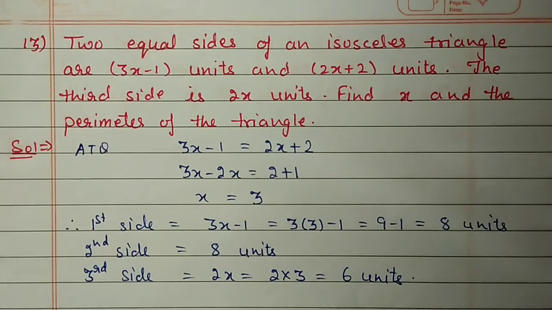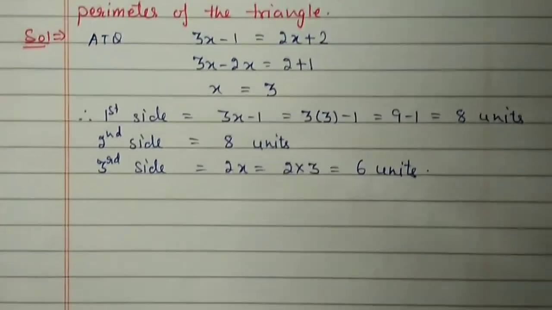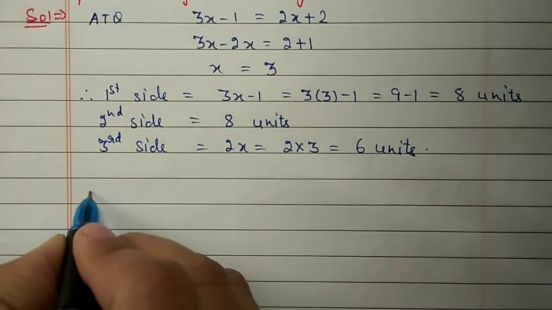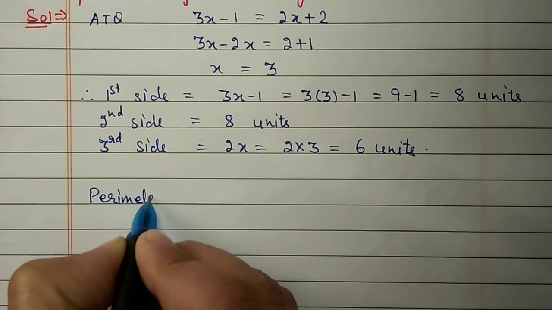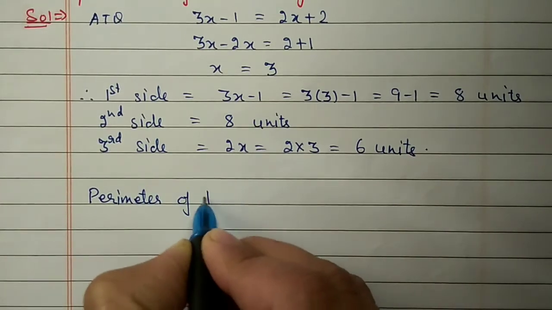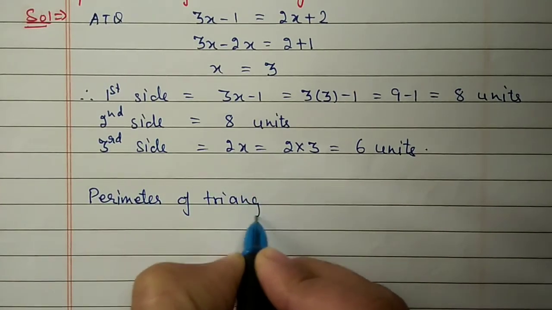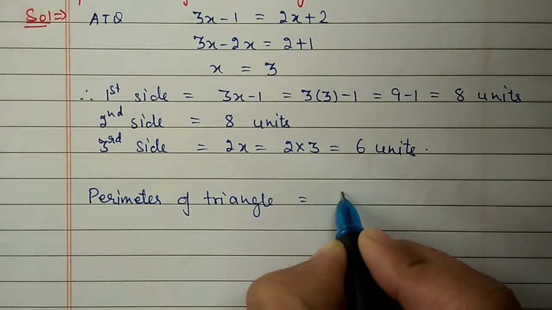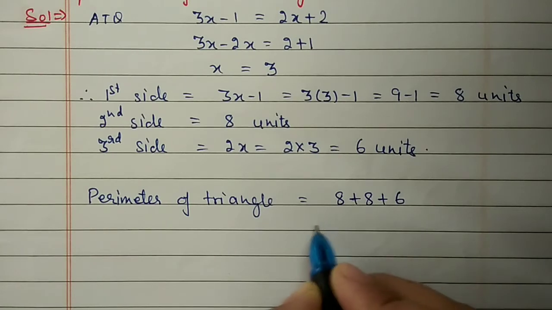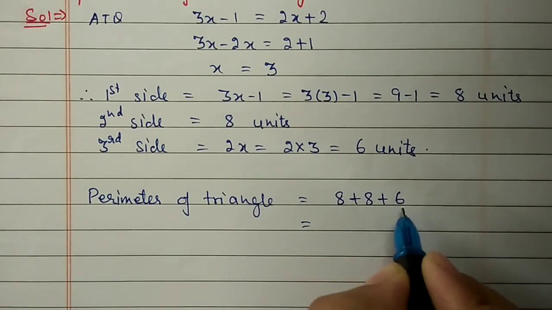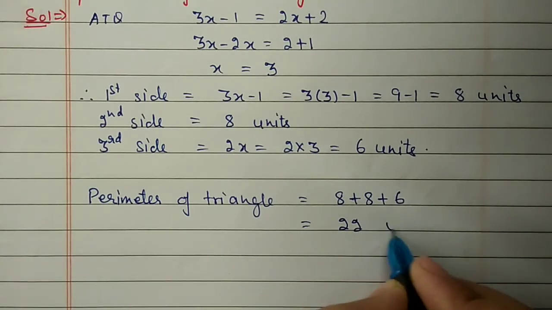Now we have to find out the perimeter of the triangle, and perimeter of a triangle means sum of all three sides. First side is 8, second side is 8 and third side is 6. So 8 plus 8 16 plus 6 22 units.